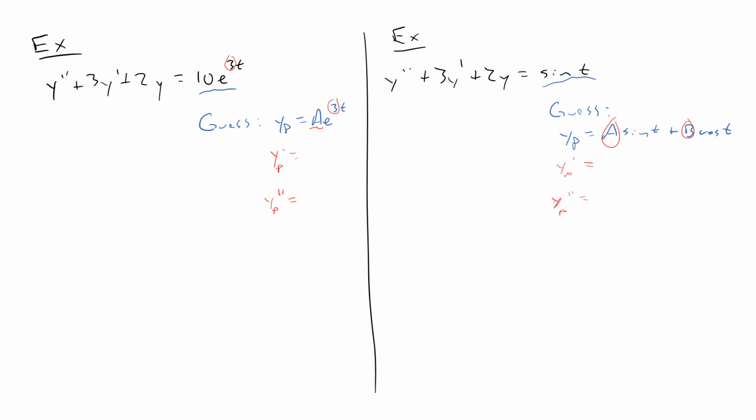What I want you to do here is pause the video and see if you can find these numbers on your own, and then after you've done that, you can check back here to see if your answer was correct.